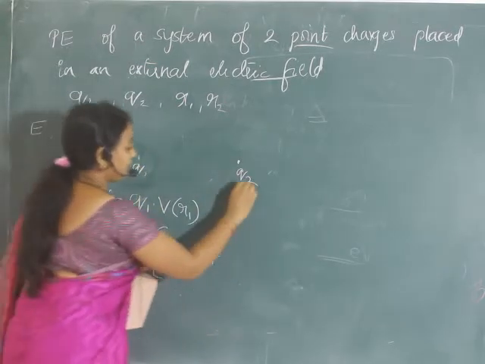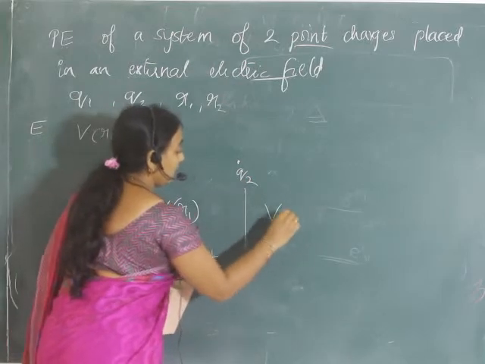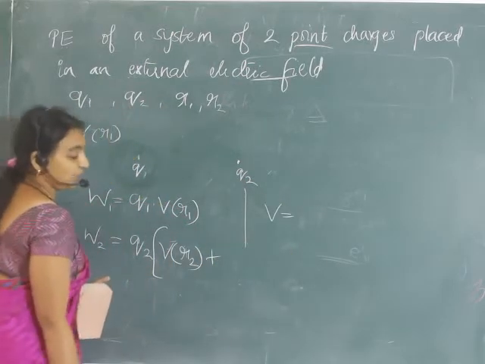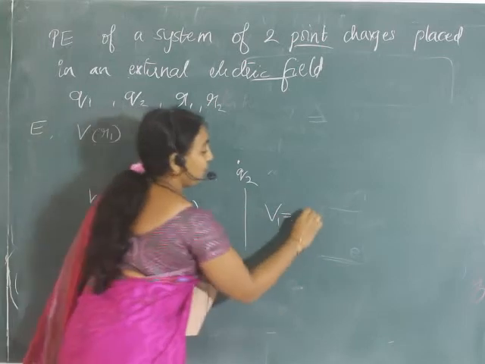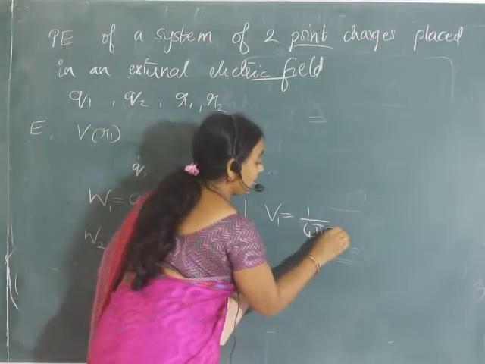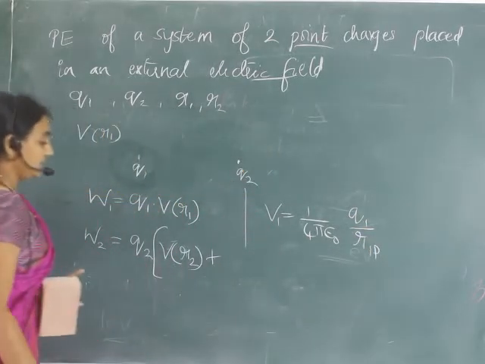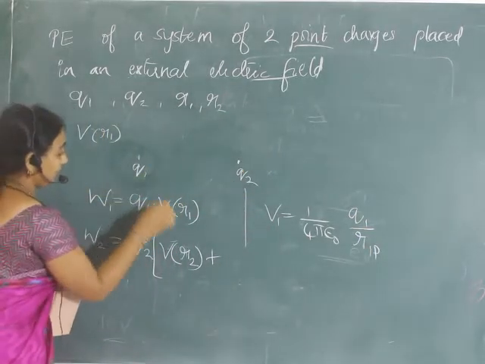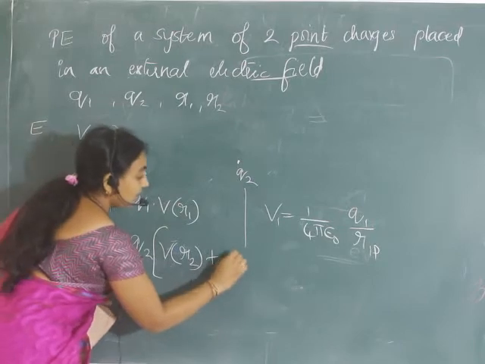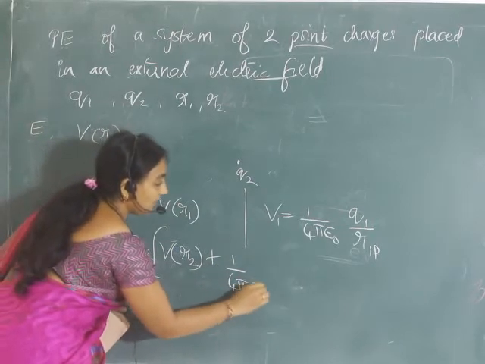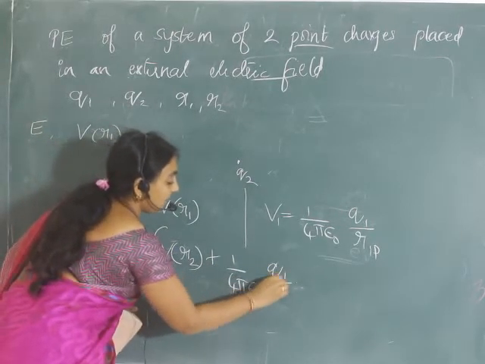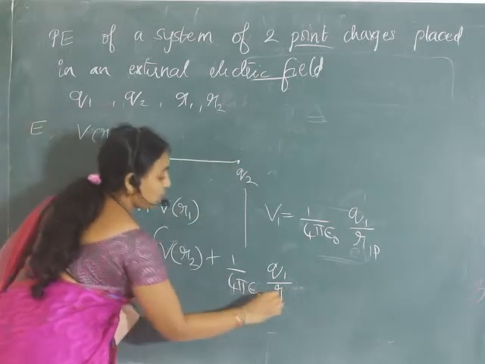The potential due to Q1 on Q2 is 1 by 4 pi epsilon naught Q1 by R12.